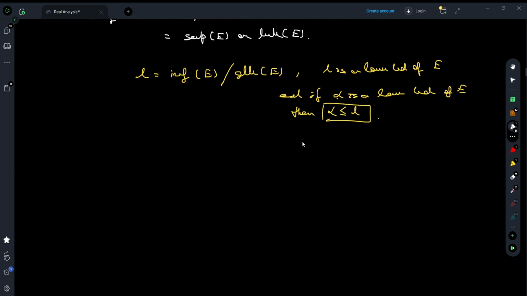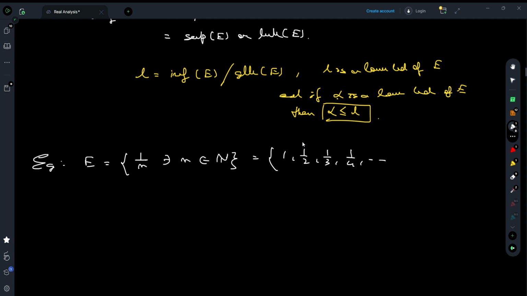Now suppose we take this set as an example. E is the set of all numbers of the form 1 over n such that n belongs to the natural numbers. So E is basically the numbers 1, 1 over 2, 1 over 3, 1 over 4 and so on.